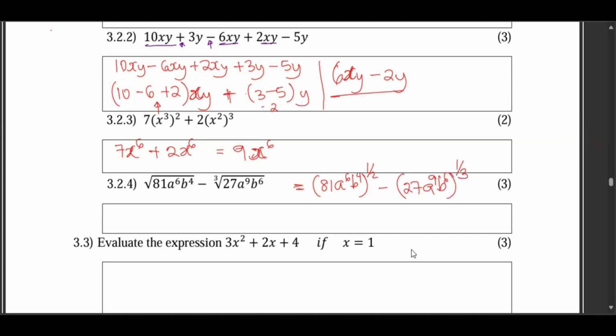Where is the third coming from? It's from the cube root. Then where does a half come from? From the square root.